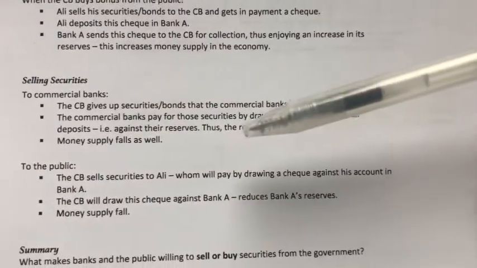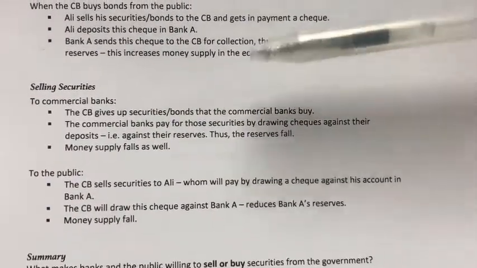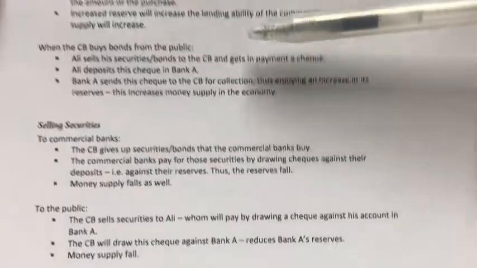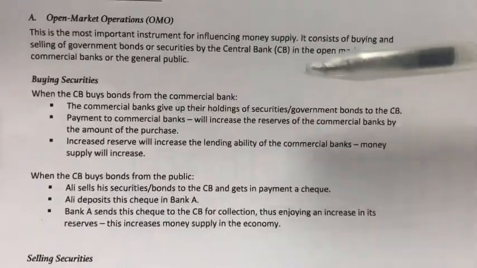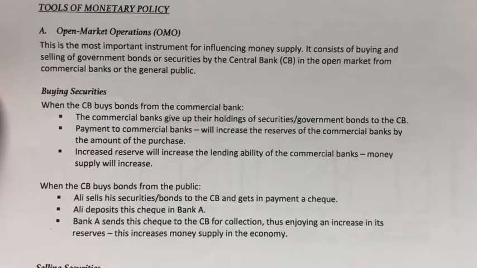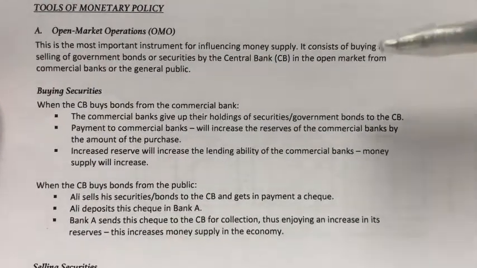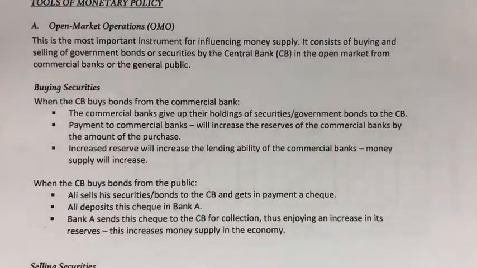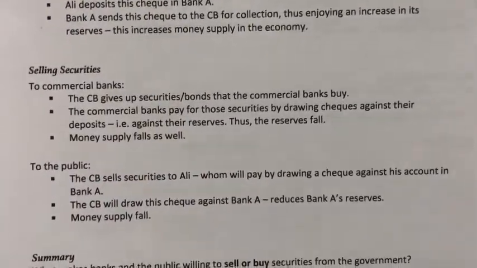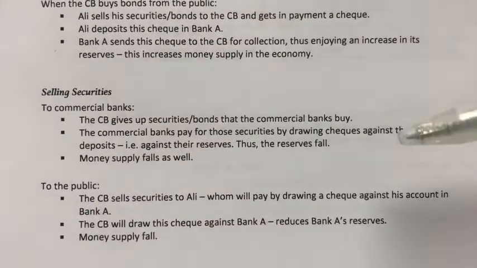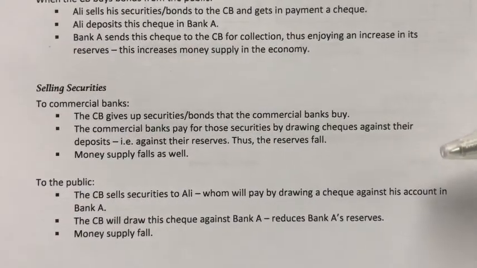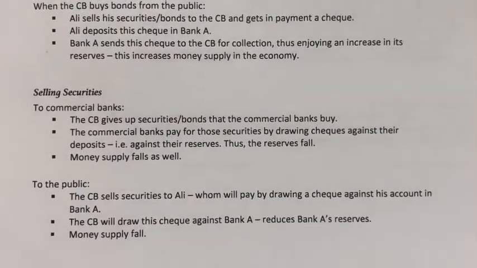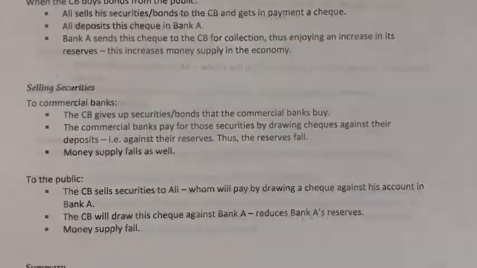Likewise, here is when the central bank wants to sell securities to the commercial bank and to the public. The explanation here is basically what I mentioned before. But again, if you want to read, because I know some of you do not have your lecture notes with you, I'm sharing with you. Here I'm going to share the selling. The explanation is very brief because it's just in note form, but I hope it will give you a bit of understanding as to how the OMO works.